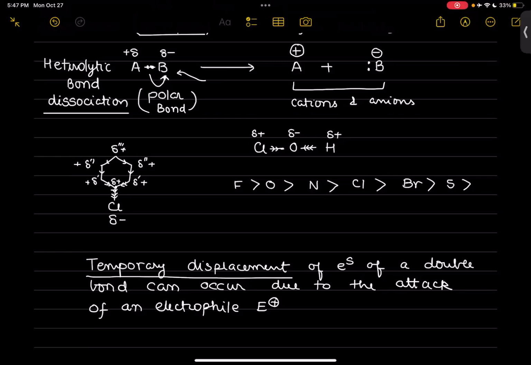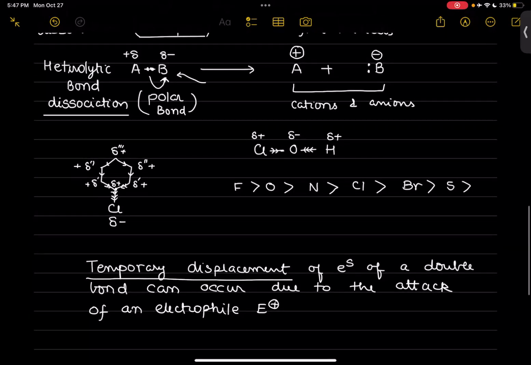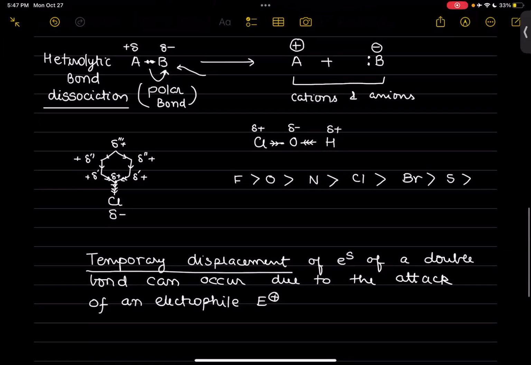The negative charge has not come up because of our discussion. So it is a permanent effect. Inductive effect is actually a permanent effect.